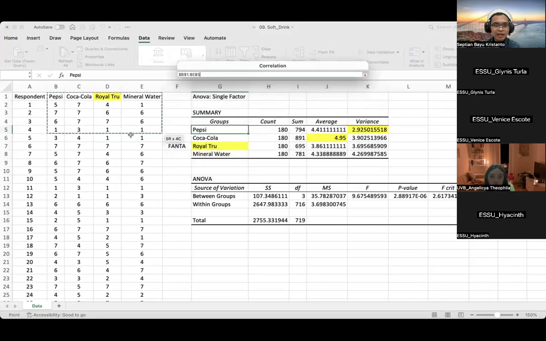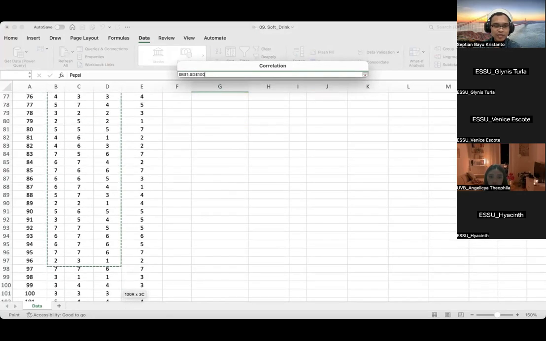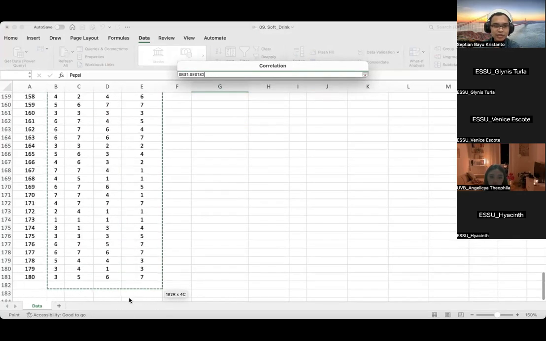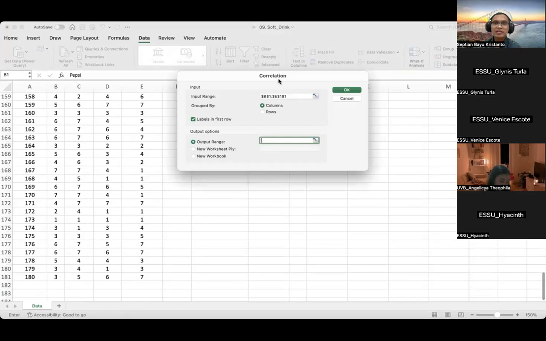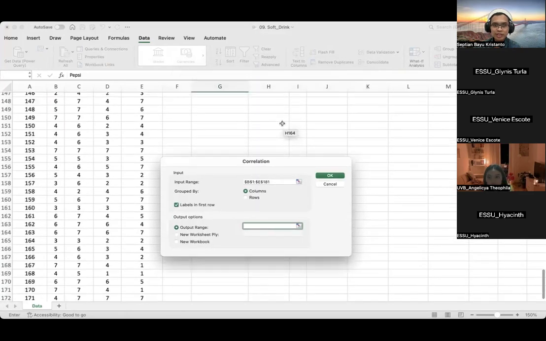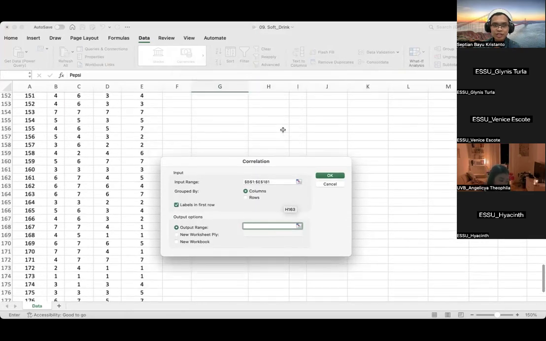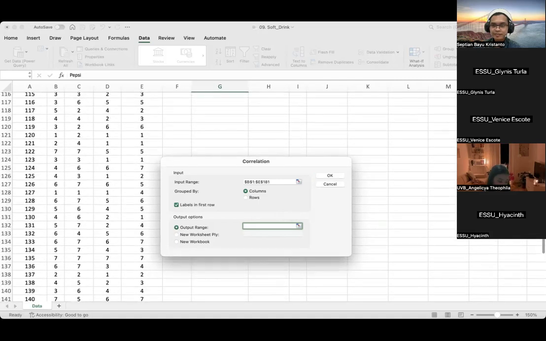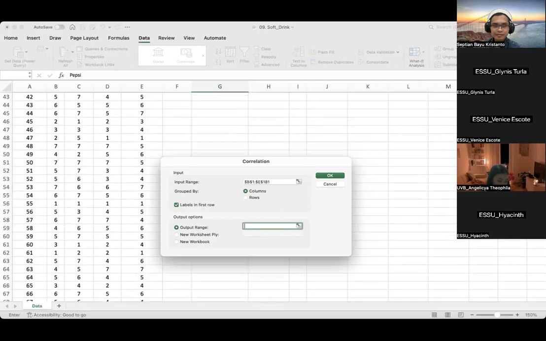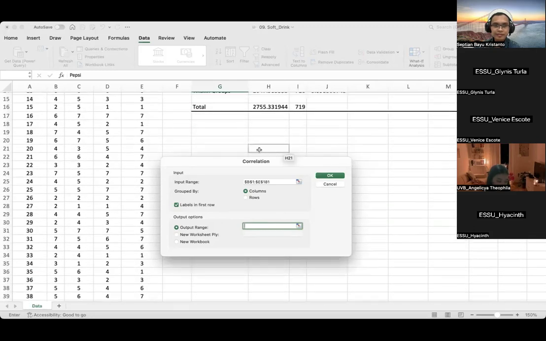We can take all of the information from Pepsi until mineral water. It's grouped by the column labeled in the first row, and the output range we will take in the G number 18.